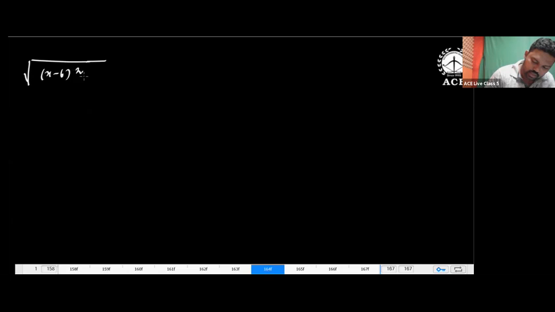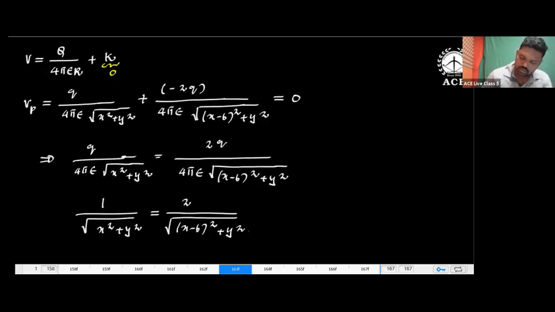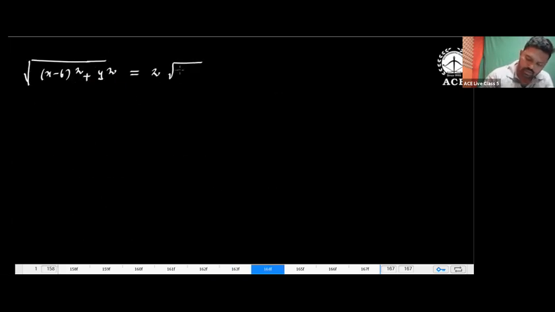(x minus 6) square plus y square is equal to 2 into the square root of x square plus y square. Squaring on both sides, what you're going to get? x square minus 12x plus 36 plus y square equals 4x square plus 4y square, beta.